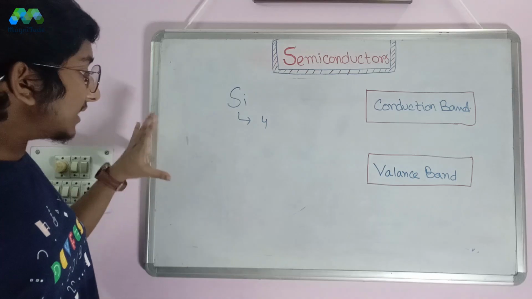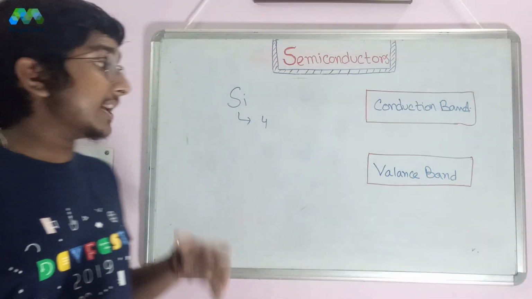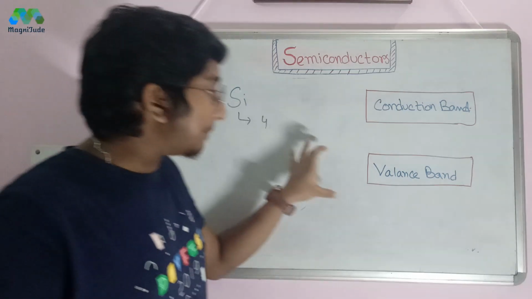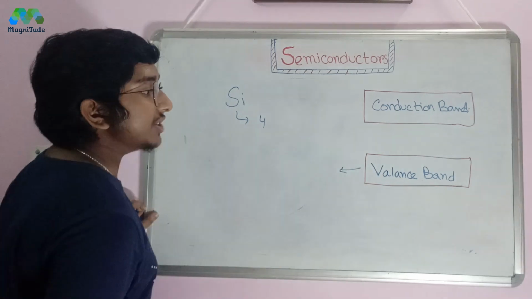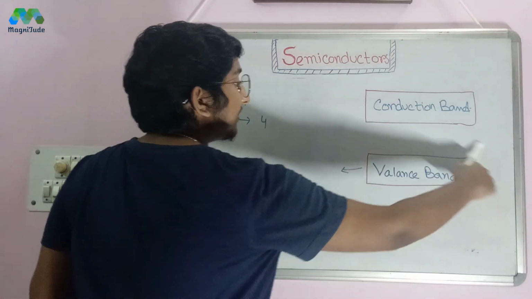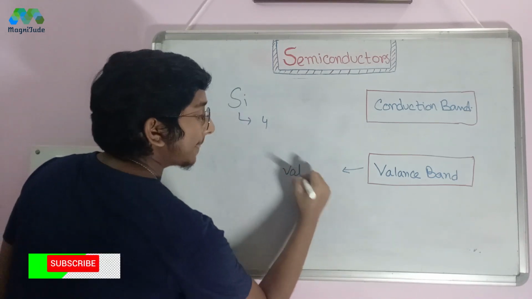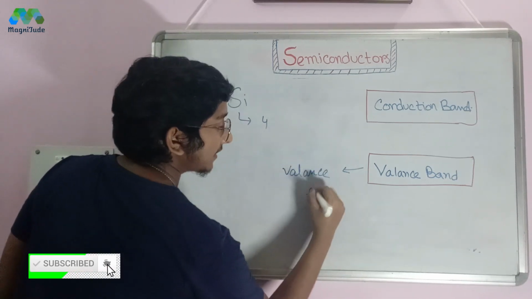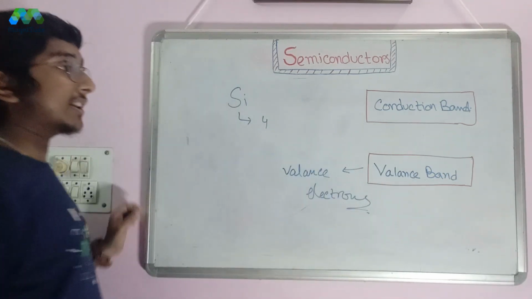So let us consider the topmost shell of any electronic configuration. What is the valence band? The band which contains all the valence electrons is known as the valence band.